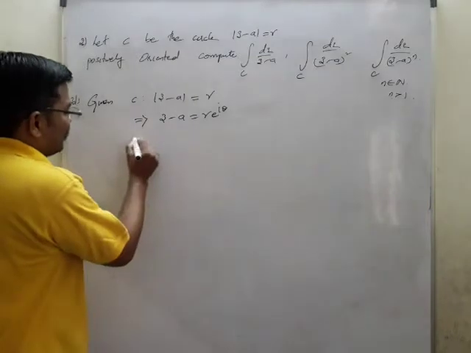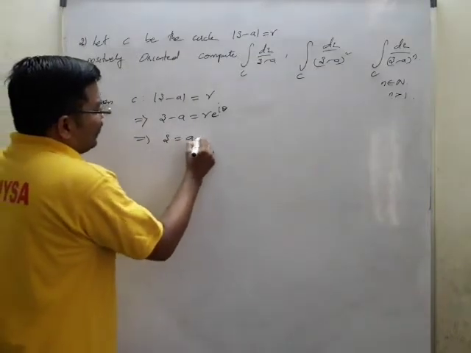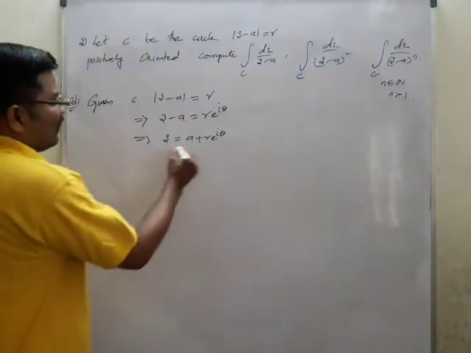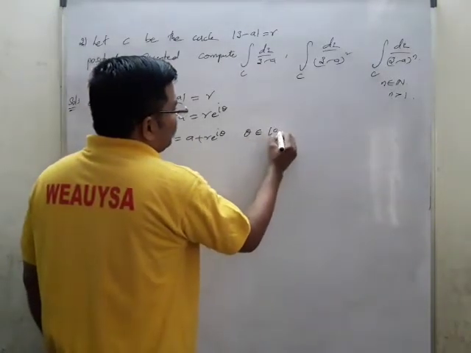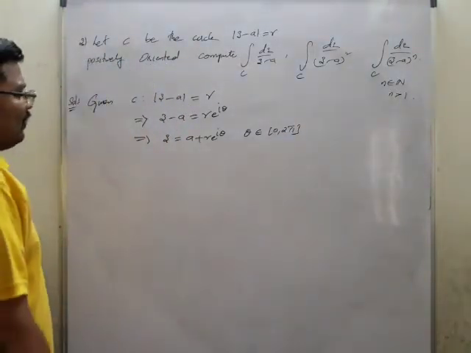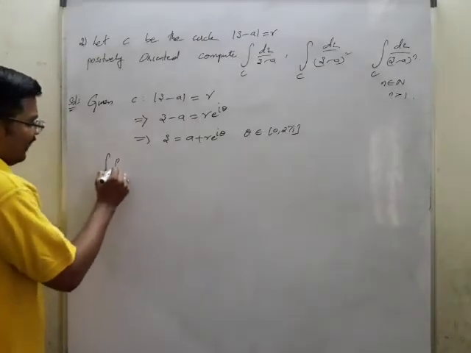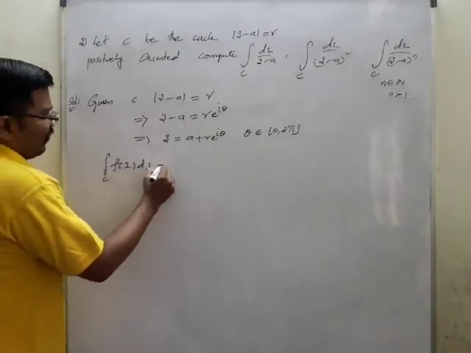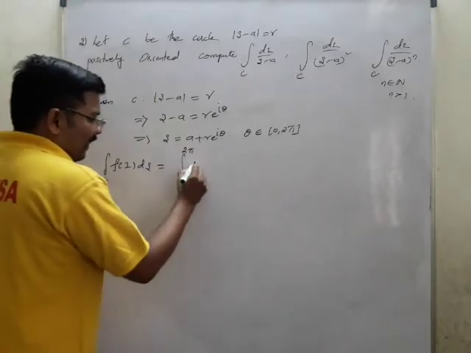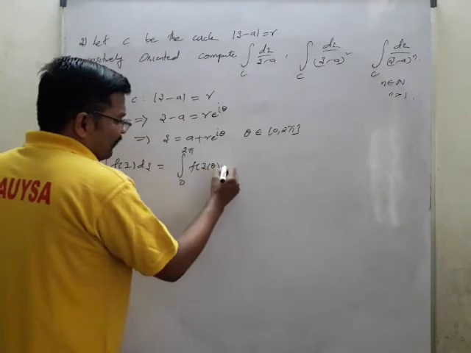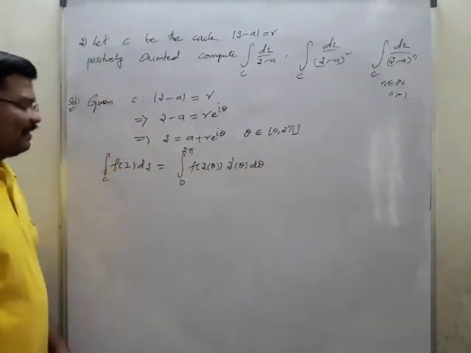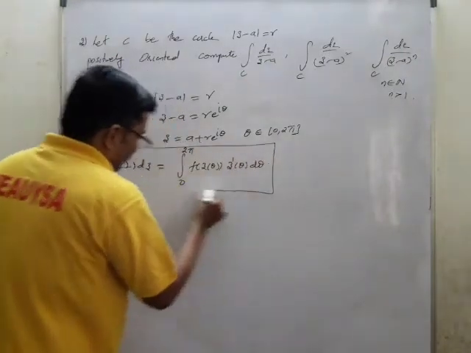Therefore z is equal to a plus r e power i theta, where theta belongs to 0 comma 2 pi. Now we have one formula: integral over C f of z dz is equal to integral 0 to 2 pi f of z of theta into z dash of theta d theta.